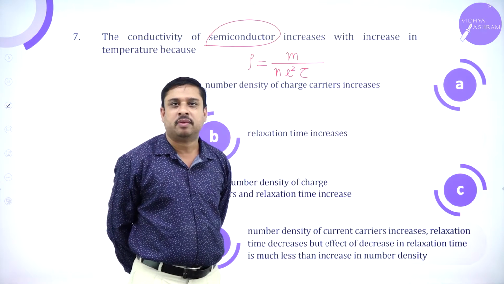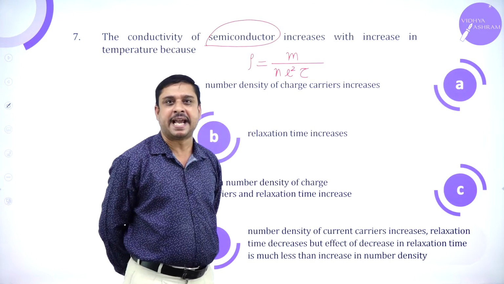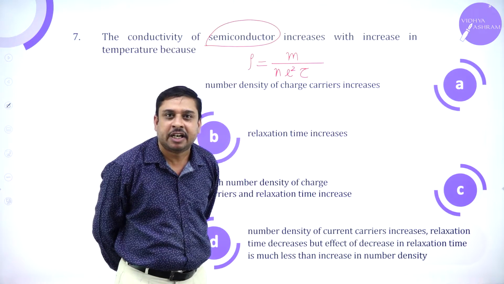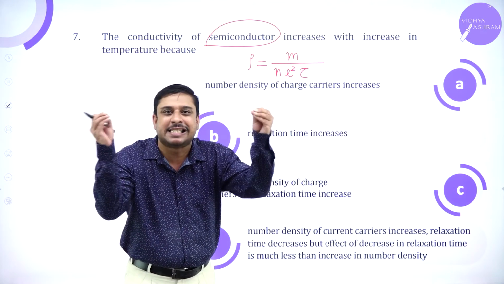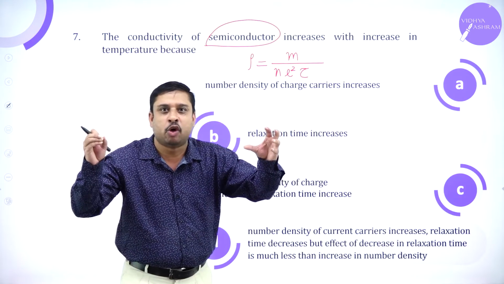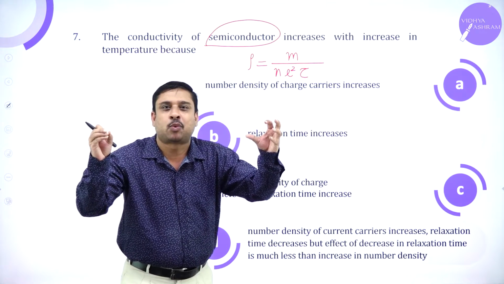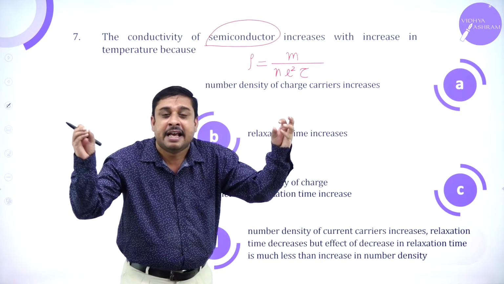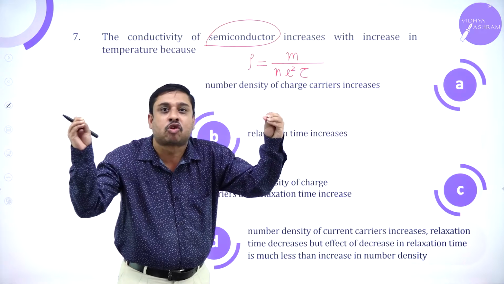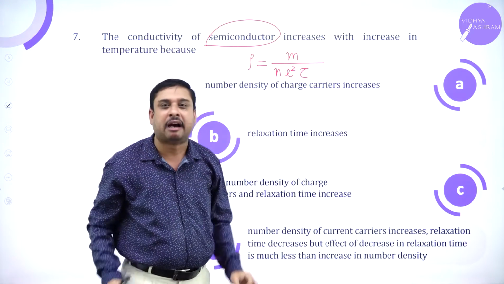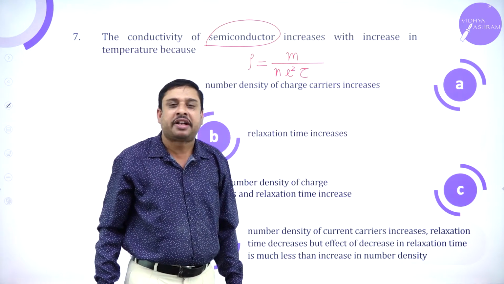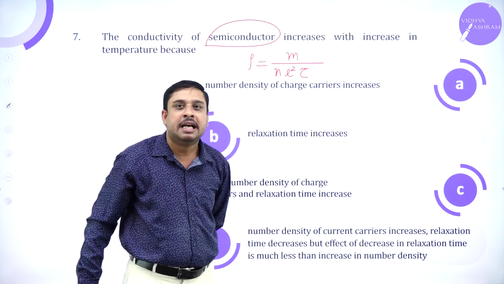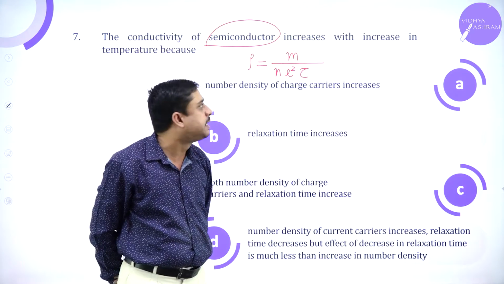What is tau? Relaxation time. It is the time required for two successive collisions. To be more precise, when two free electrons collide, whatever time is required, that is called relaxation time.